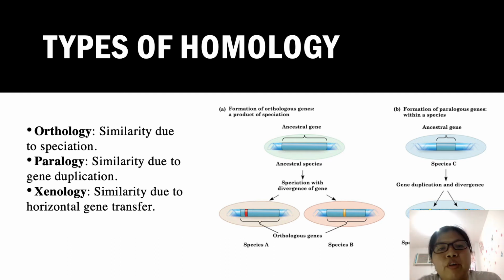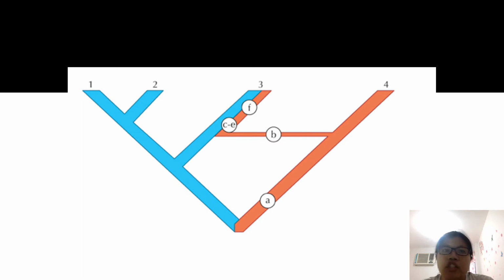Okay? Another type of homology is what we call synology, which is due to horizontal gene transfer. When we say horizontal gene transfer, they are not related, but it acquires the genetic material of a far or distant organism. For example, the acquisition of the chloroplast from a primitive cyanobacteria, and also the acquisition of mitochondria from a primitive bacteria.